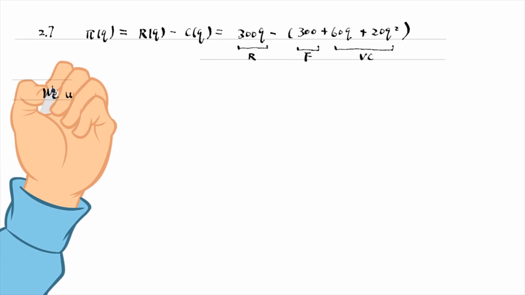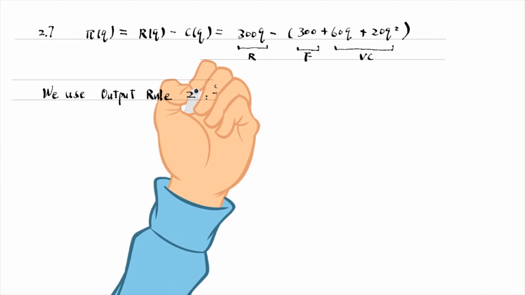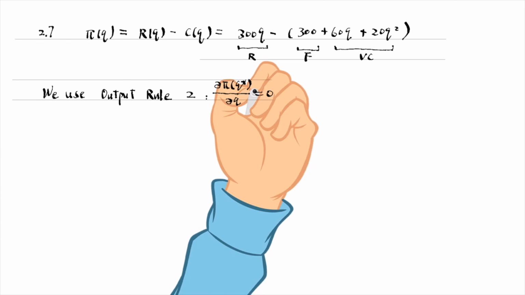A firm sets its output where its marginal profit is 0. The profit maximizing output is 6. The firm's revenue is 1,800. The variable cost is 1,080.